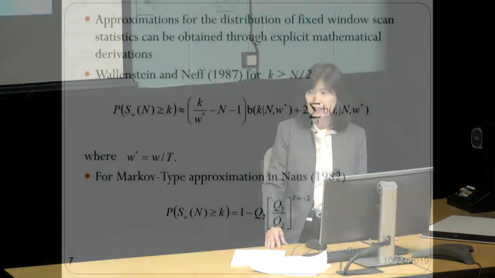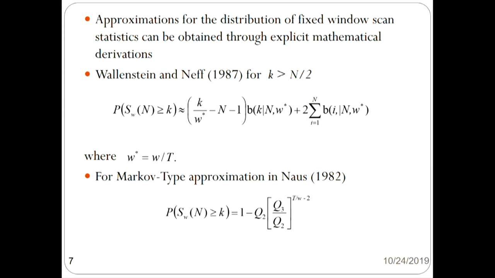If the window size W is fixed and we know the clustering size is W, then the scan statistic, the maximum number of events in a certain window, is the maximum likelihood ratio test. This was proved in Naus's early paper, 1966.